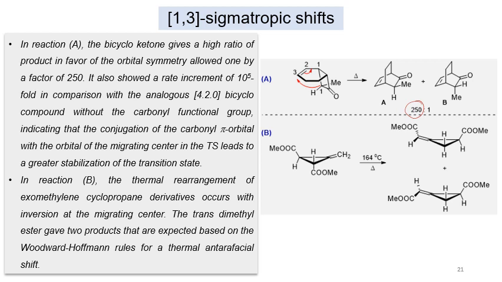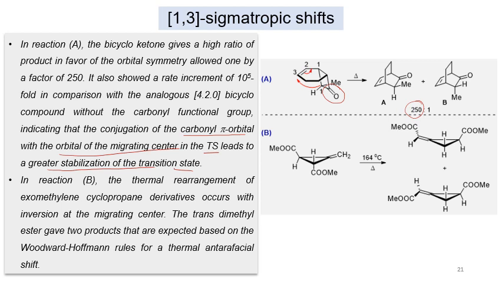Not only that, it was observed that if this carbonyl is not there in the starting material, then the reaction occurs 10 raised to 5 times slower, which indicates that there is a conjugation of the carbonyl pi orbital with the orbital of the migrating center in the transition state, which leads to a greater stabilization of the transition state.